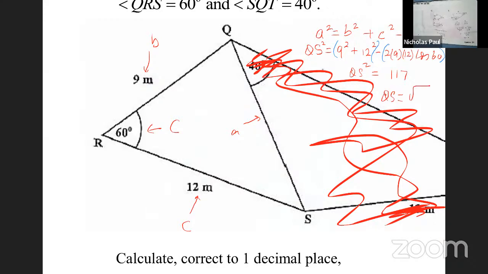And then QS is the square root of 117. How much did you get? Yeah, 10.8. So QS is 10.8. Samira, are you okay with that?